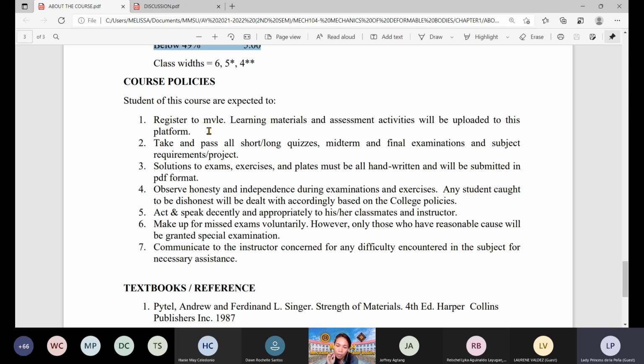And then, kalakip ng pagpasa nyo ng exam sa MVLE is yung pagpasa nyo din ng solution. So, kung hindi pinasa yung solutions, i-invalidate po yung sagot nyo sa MVLE. Okay? So, dapat sabay palagi yan. Pag nag-submit ka ng exam mo sa MVLE, automatic mag-submit ka rin ng solutions.